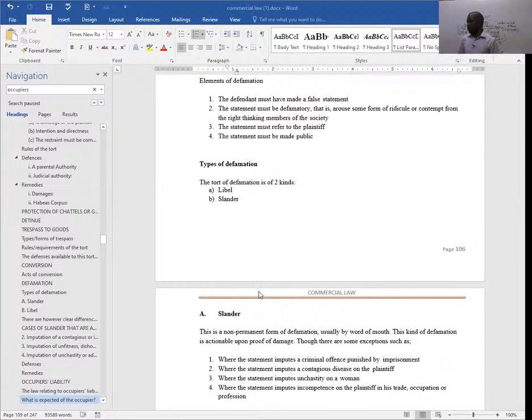Then number three, where the statement imputes unchastity on women. Then number four, where the statement imputes incompetence on the plaintiff in his trade, occupation, or profession.